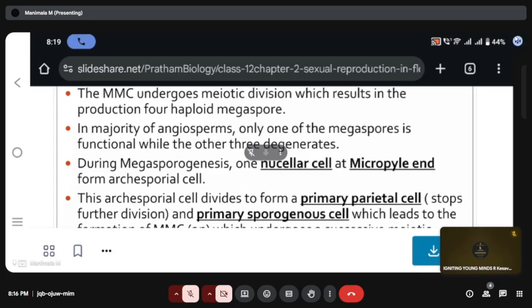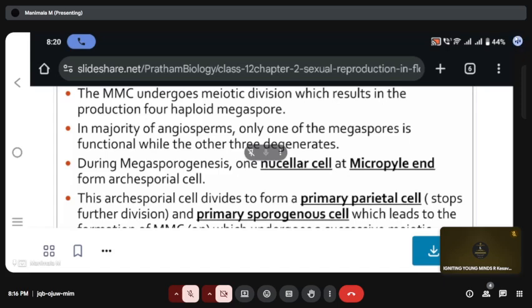Yes, and then it moves towards the opposite end and undergoes what division? Mitotic division. As a result, how many nuclei will be formed? Four nucleate, and again the four nucleate stage later forms the eight nucleate stage. Yes, ma'am.